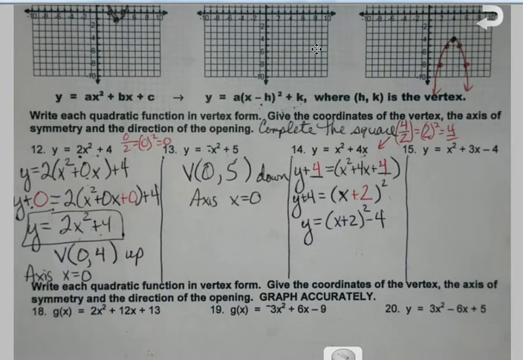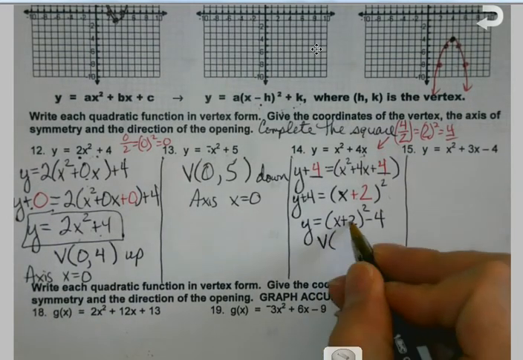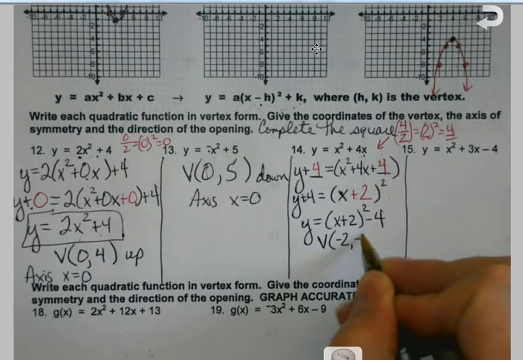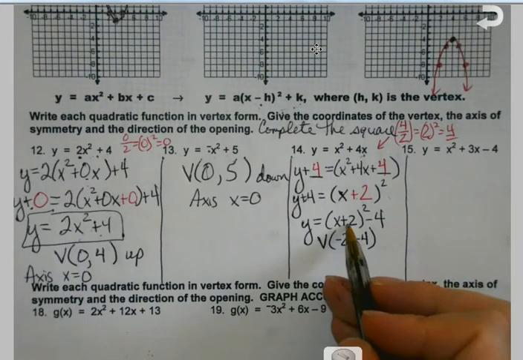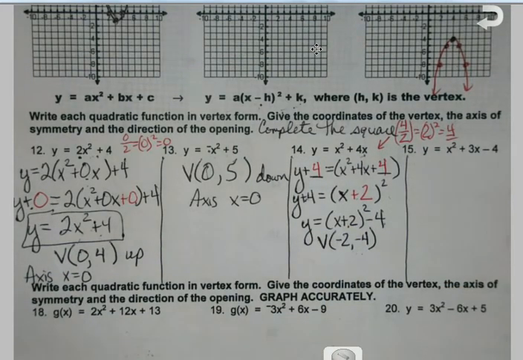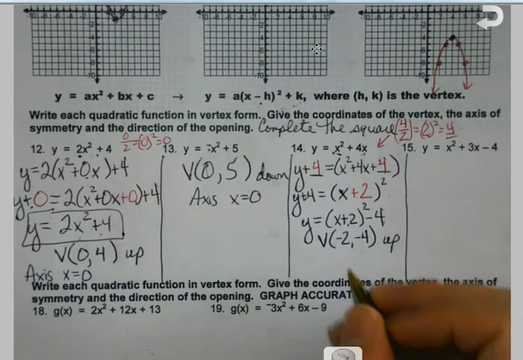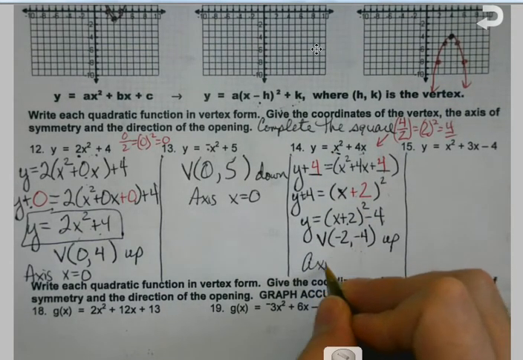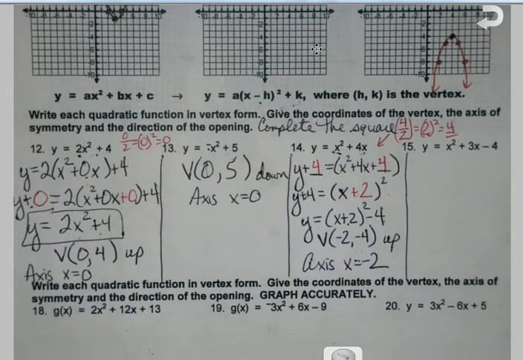If I didn't, that'd be a different issue. So my vertex would be at -2, -4. Because again, the opposite of h. Then I keep my k. Since it's a positive a value, this guy would be opening up. And my axis of symmetry, again, even in this form, stays with the x value of my vertex.